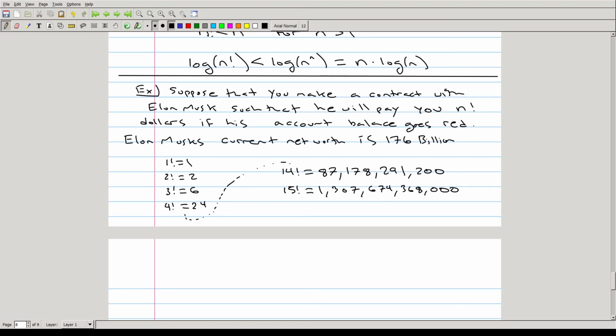And this 15th day is when he has to pay up, and he actually goes into the red by a lot. He goes into the red by 15 factorial minus his net worth, which is 176 billion.